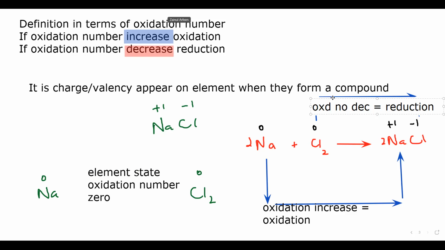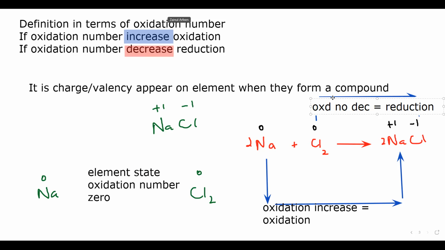So you will use the periodic table to work out the oxidation number, and using the oxidation number you can tell whether it's oxidation or reduction. If the number increases, we call it oxidation. If the number decreases, we call that reduction. Is this example clear? That is how we can identify whether it is oxidation or reduction using the oxidation number.